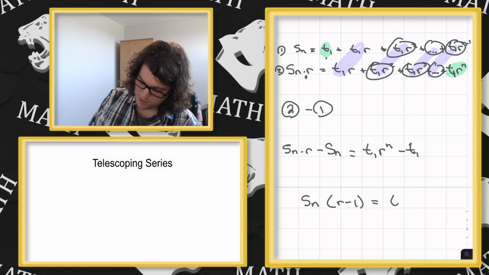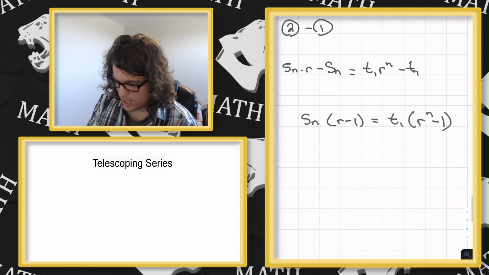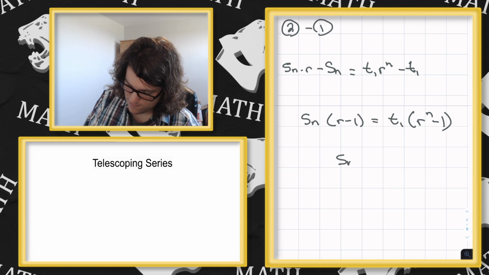And that's going to be equal to T1, which isn't common on the other side, times r to the n minus 1. Now, I'm going to do something a little bit strange because I'm used to seeing this the other way.